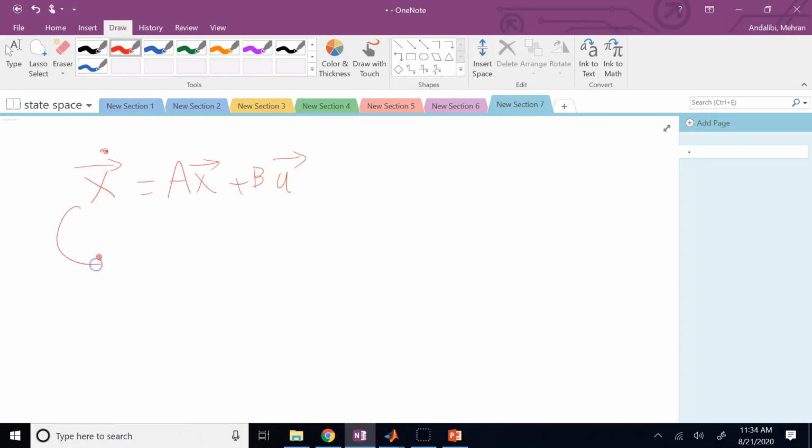I apply a Laplace to this. It is going to be s times X(s), and here this X(s) is a vector, minus x(0), here is the time vector, is equal to A times X(s) plus B times U(s). Okay, again, these are vectors. We choose 0 initial conditions because we are looking into transfer functions.